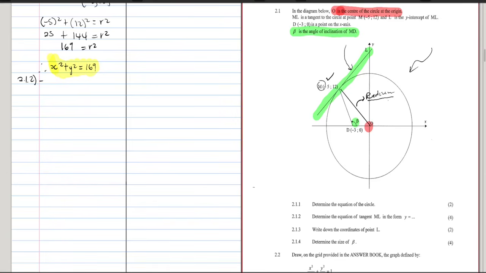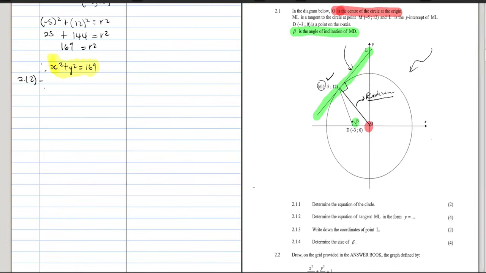Here's the reason as to why I showed the radius. In Euclidean geometry, one of the theorems states that a radius is perpendicular to what? A tangent. So we're going to use this property to find the gradient of the green line, the tangent.